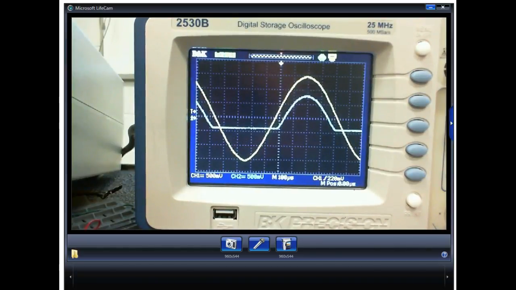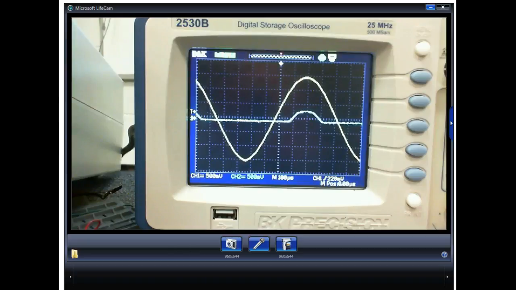And we're going to come over here and put this in series with our input. So where's my input at? There's my input. And we're going to wire it up to be a rheostat, right?